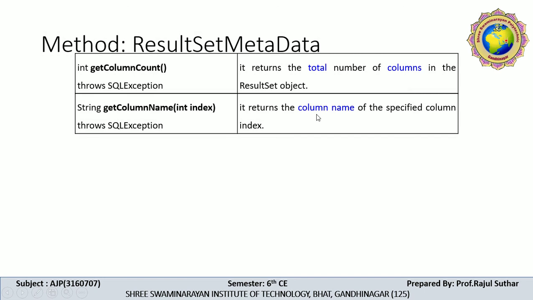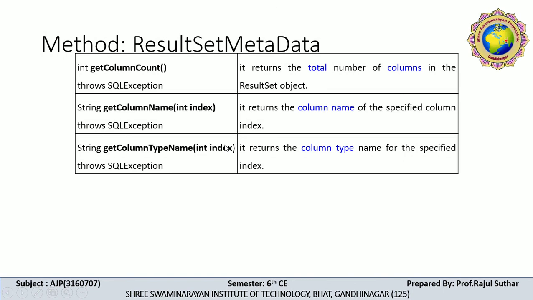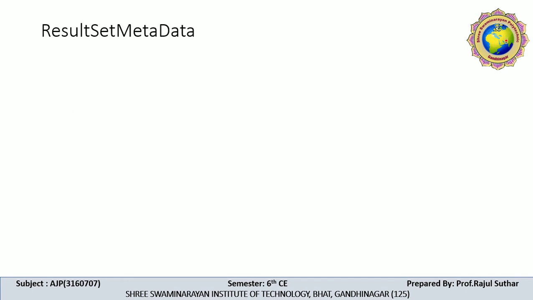It returns the column name of the specified column index. We are returning from the index, so here an integer index is used. String getColumnTypeName(int index) throws SQLException returns the column type name for the specified index.